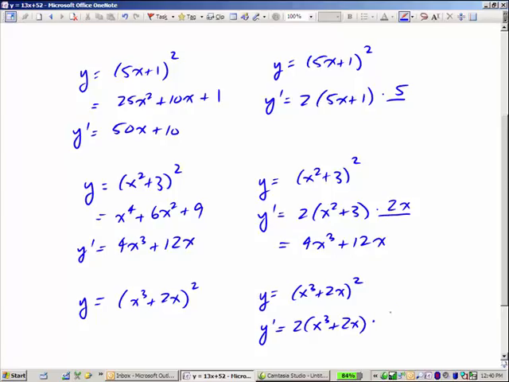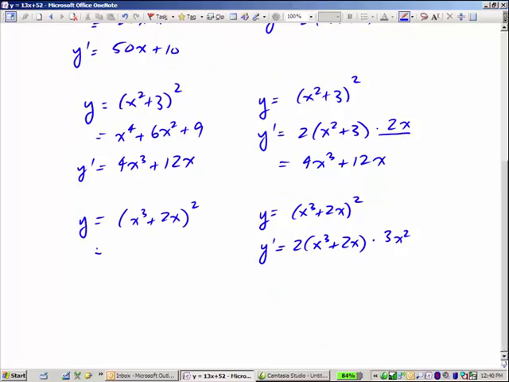All right, so let's see. If we do this out, we would get what? x to the 6th plus 4x to the 4th plus 4x squared? Is that true?